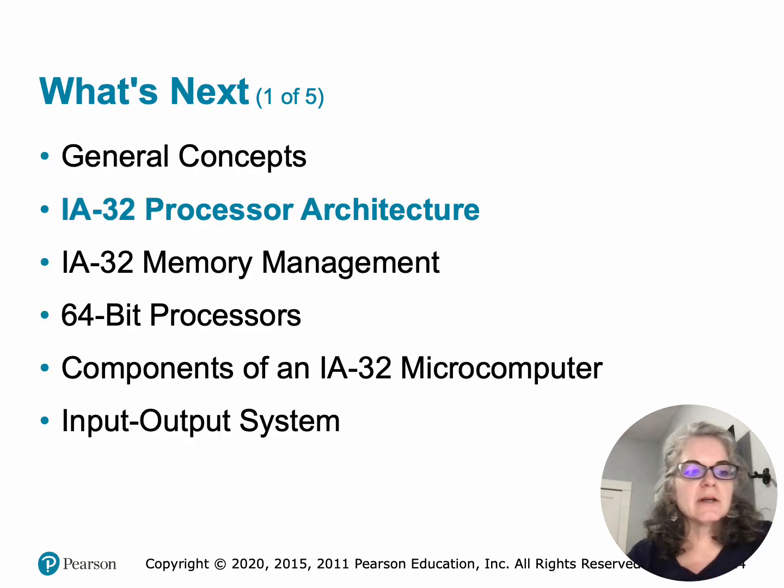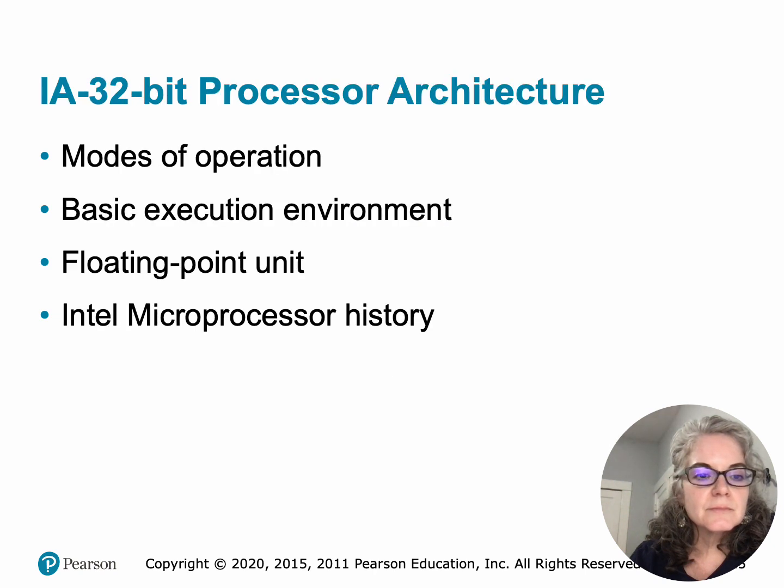Okay, the next section we're going to look at the IA 32-bit processor architecture. This is the Intel 32-bit processor architecture. These are the 4 things that we'll look at: the modes of operation, so different modes that this processor operates in, the basic execution environment, a unit inside the processor called the floating point unit, and then we'll look at the Intel microprocessor history.